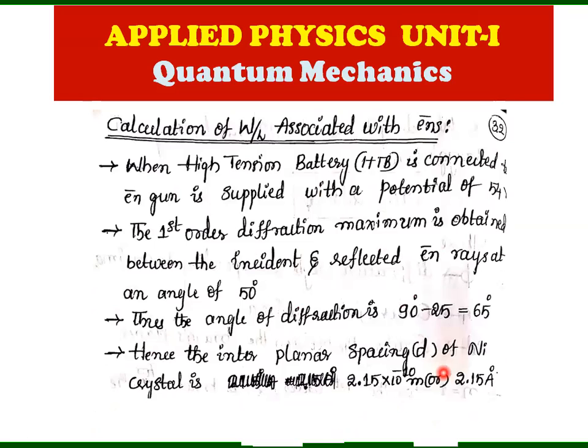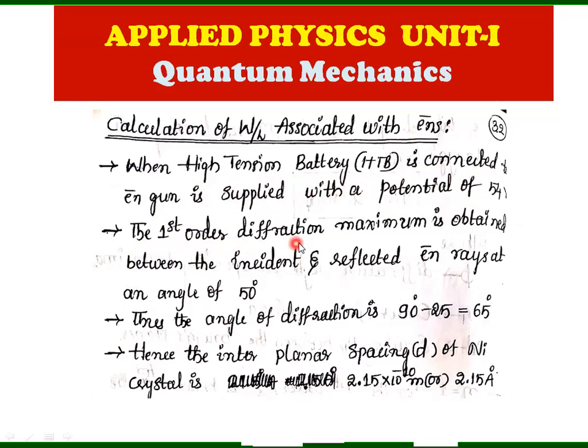Now, calculation of the wavelength associated with electrons. Suppose we are accelerating an electron with a high tension battery, HTB, connected to an electron gun supplied with a potential of 54 volts.